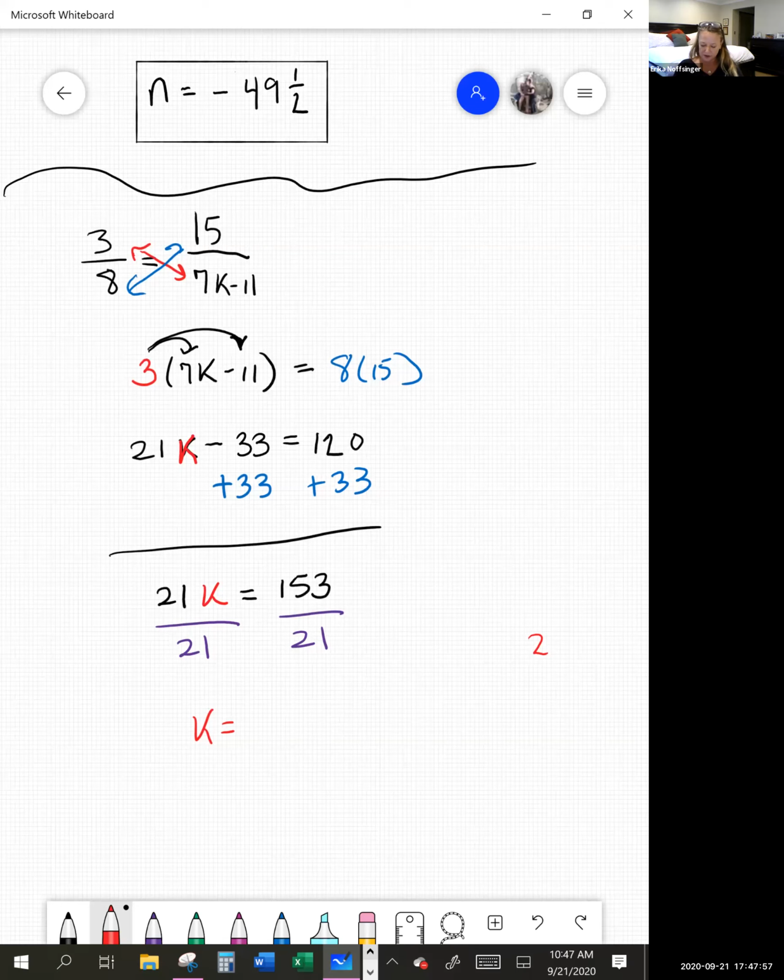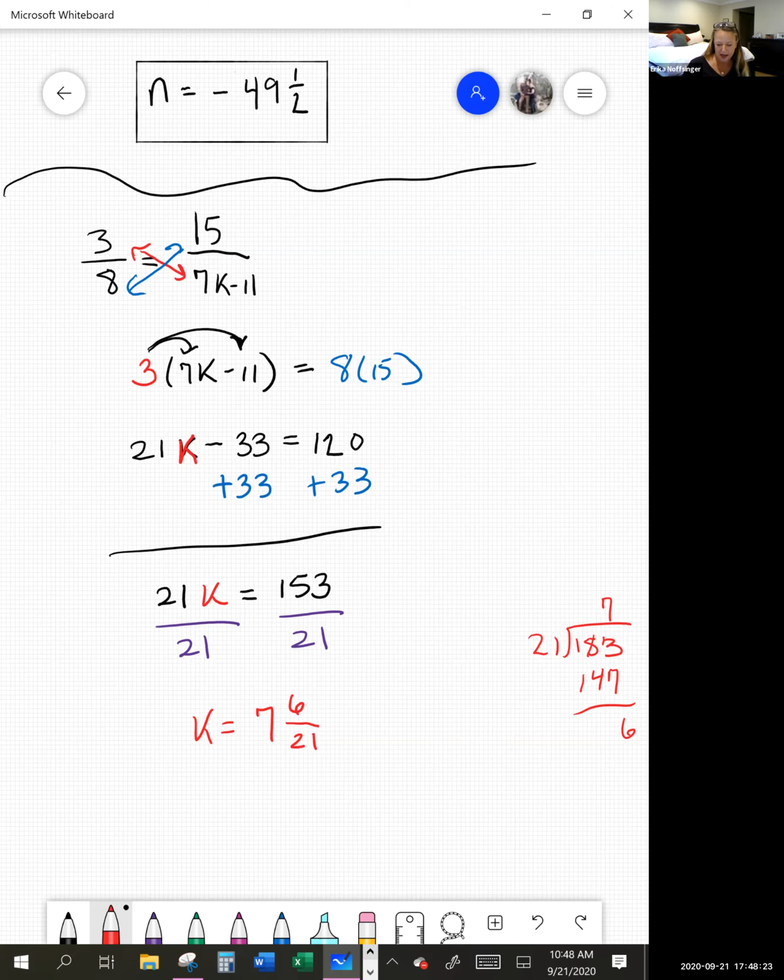So it's probably about 7. Let's try it. Yeah. So 21 goes into 153 7 times with a remainder of 6 all over our common denominator of 21.